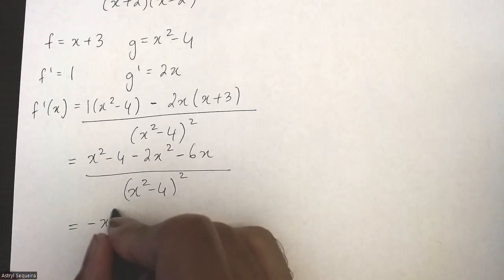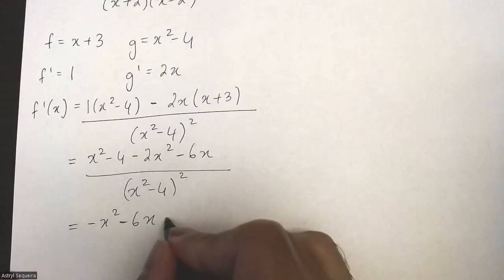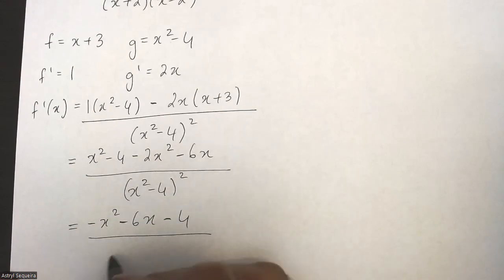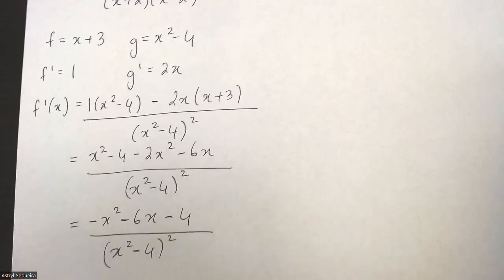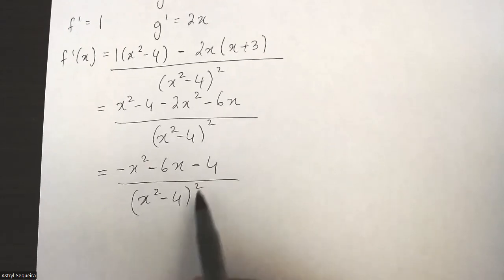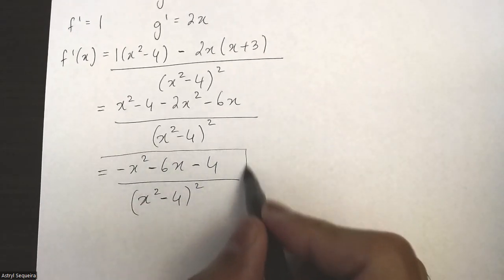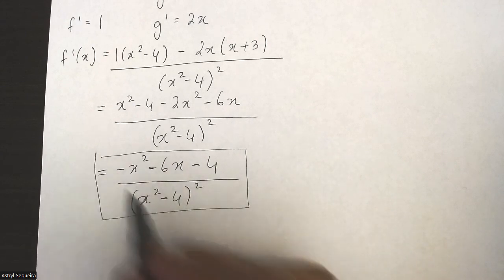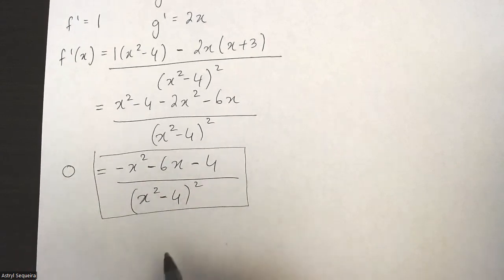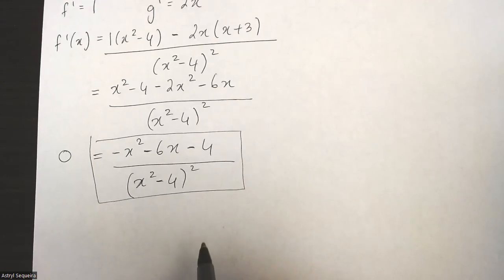So I have negative x squared minus 6x minus 4 over x squared minus 4 squared. So this is my simplified form of my derivative. I'm going to make it equal to 0 now and solve to find my critical points.